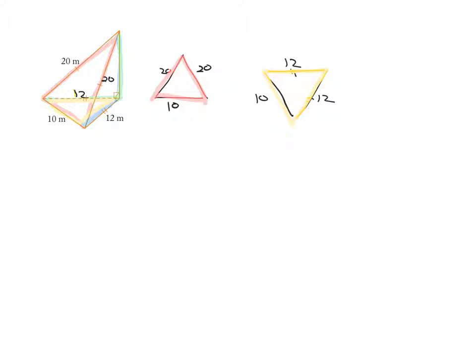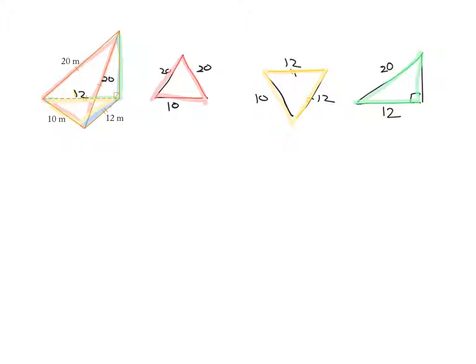I have the green one, which is 12 along here. It is a right angle and I don't have a height, but I do have a sloping side, or hypotenuse I should say in this case, and that is equivalent to my green.